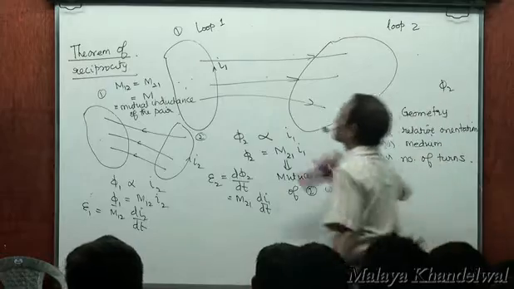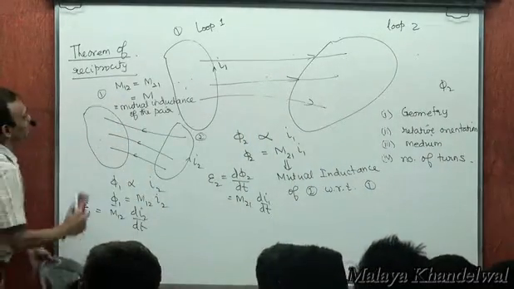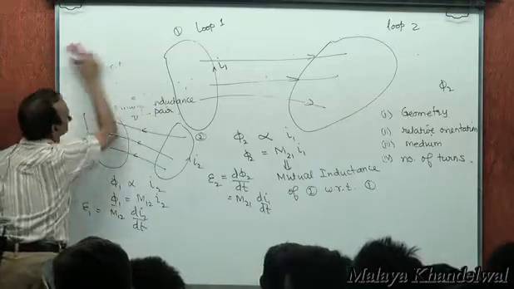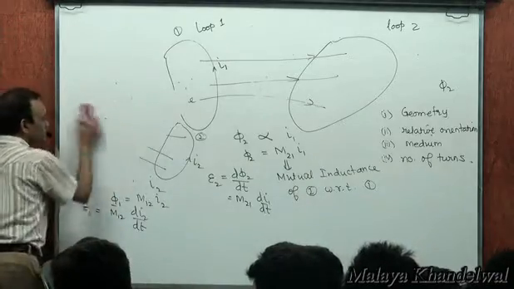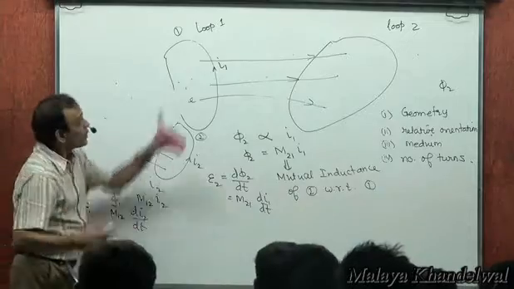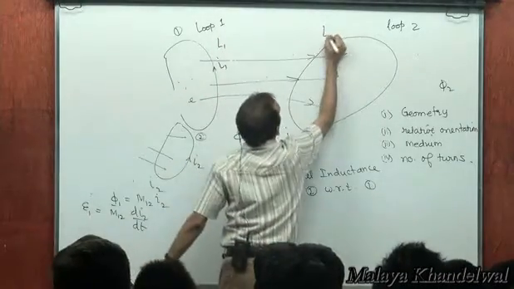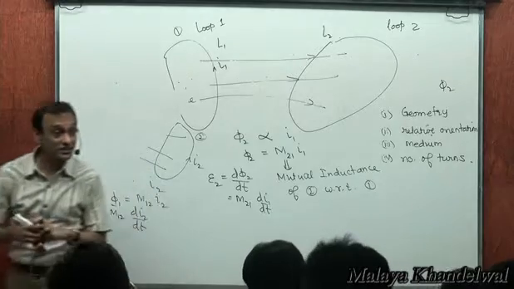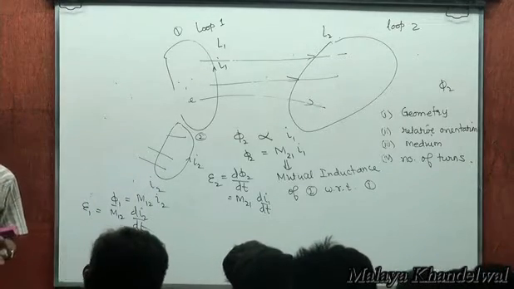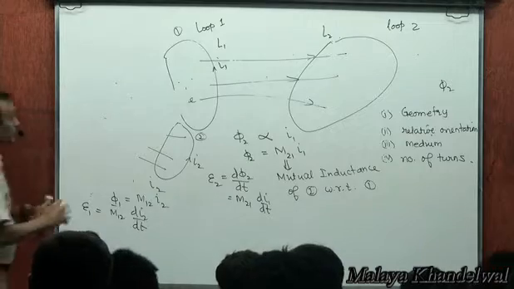Just to get you inducted. One thing, of course, let me also tell you that the pair has a property M, but each one of these loops independently has an L, right? They have a self-inductance, a property L inherent to them, and they have a mutual property M, right?